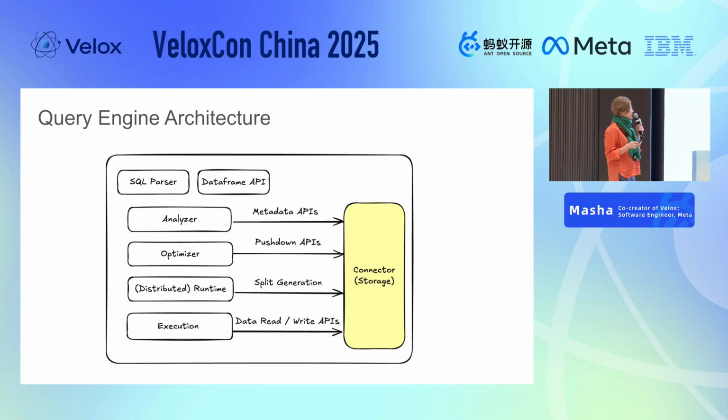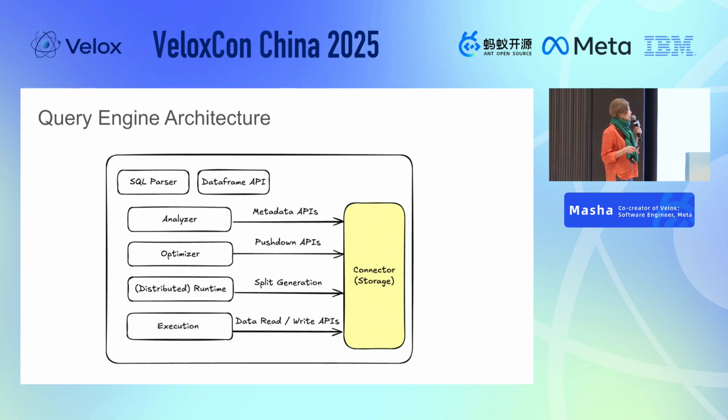And there is an analyzer which converts a SQL tree or Python data frame into a typed semantic tree, figures out the types, figures out the names, and looks up some metadata.